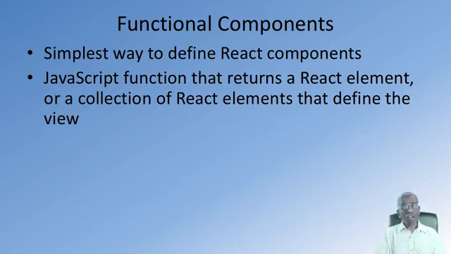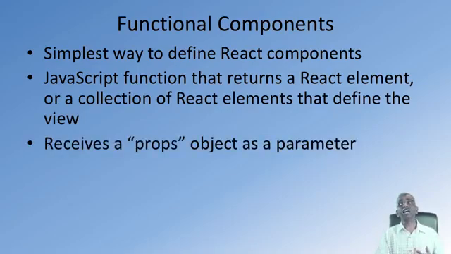So a functional component is a lot simpler way of implementing the component, where you don't need a local state and you don't need access to lifecycle hooks. The functional component simply receives props as its parameter.